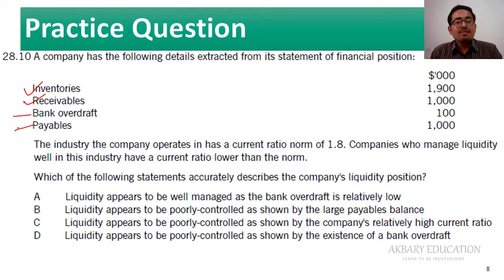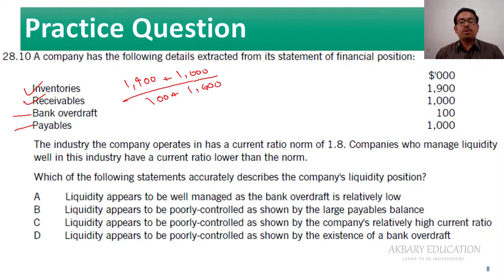Four options available. Let's first of all calculate our current ratio. For the current assets, we have 1,900, which is 1.9 million, plus 1,000, divided by the current liabilities, 100 plus 1 million. In the numerator we have 2,900 and in the denominator we have 1,100, which is 2.9 million and 1.1 million.